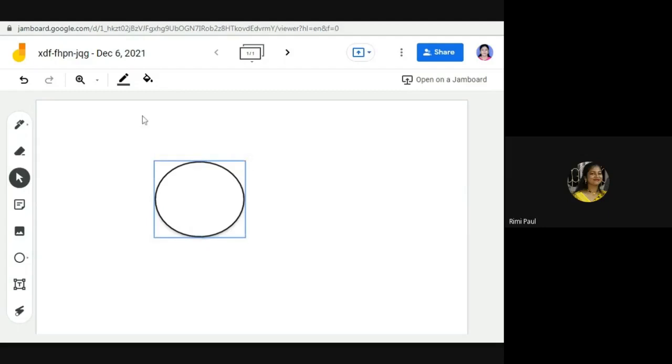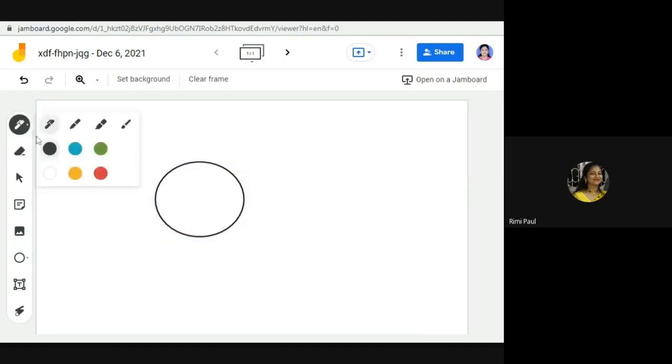Suppose I am taking a small circle and a charged particle is moving around this circular path. Okay, and the radius.